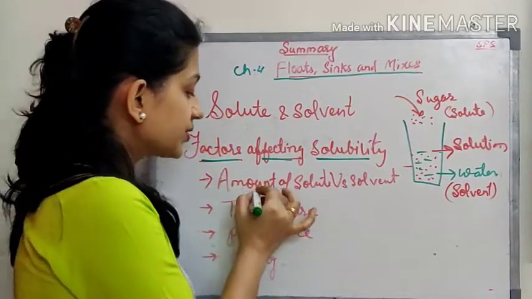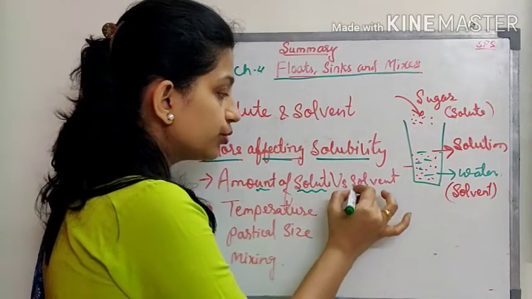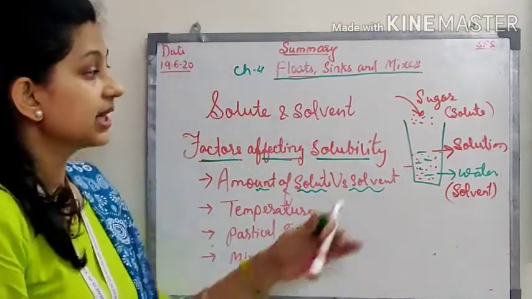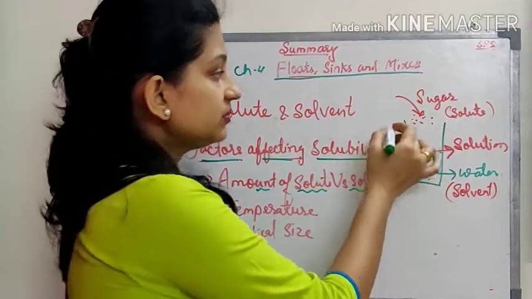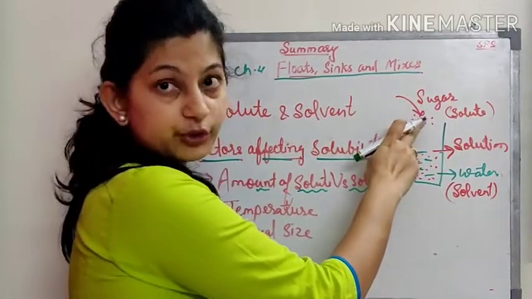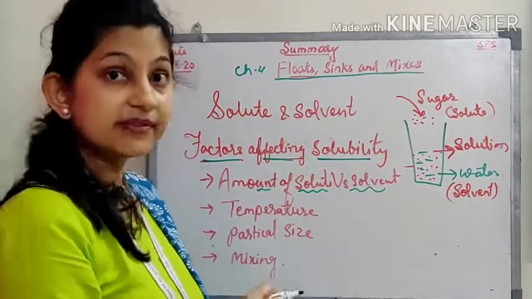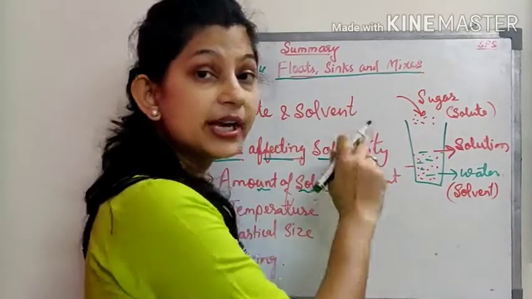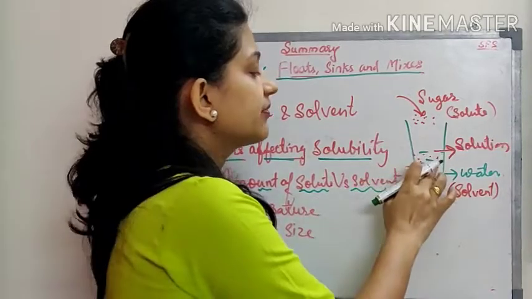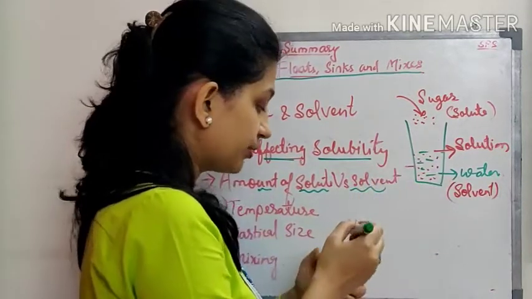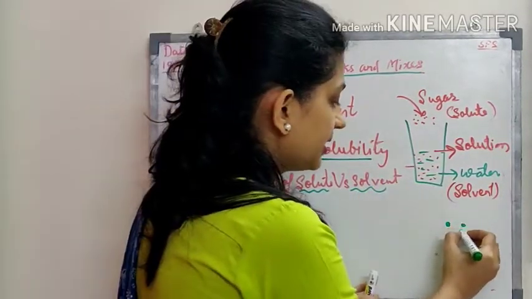The first one is the amount of solute versus solvent. Here you added 1 teaspoon of sugar. It is going to get dissolved, isn't it? Why was it dissolving easily? Because there was space in between the water molecules. Let me make it like this.